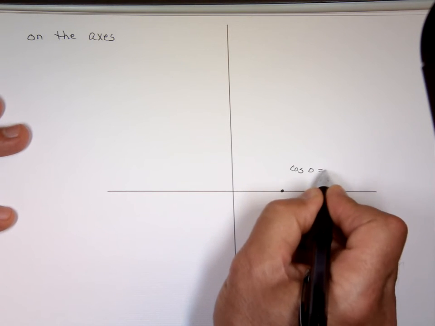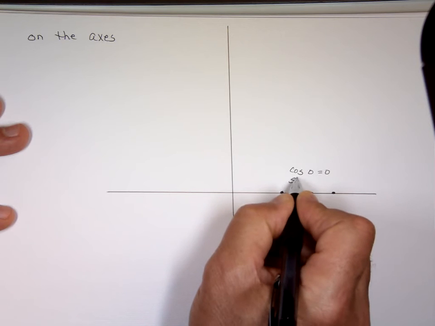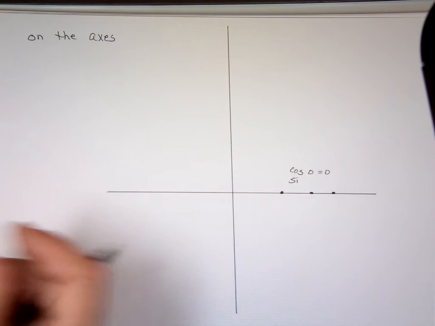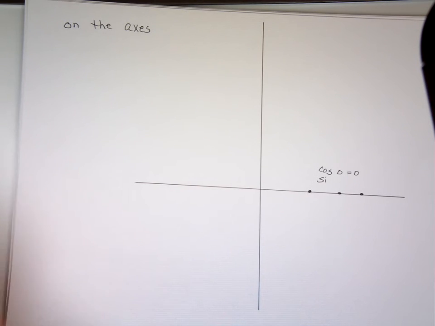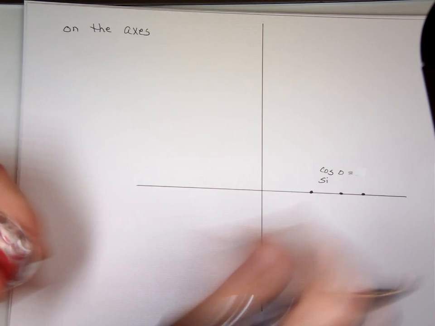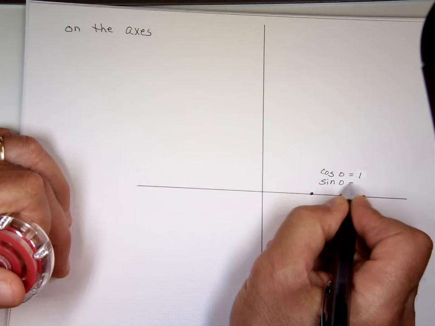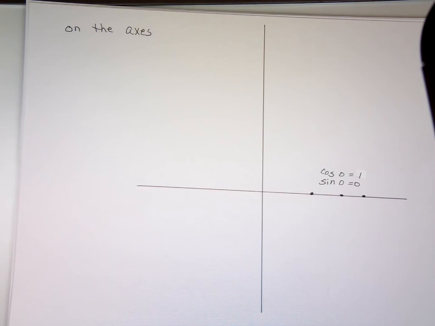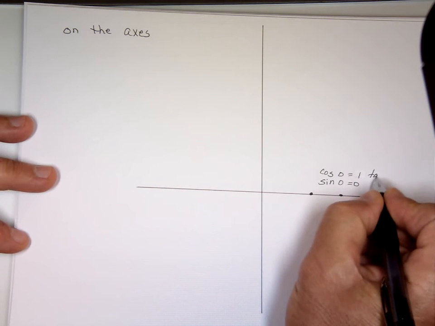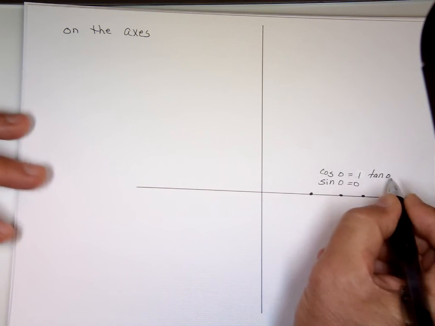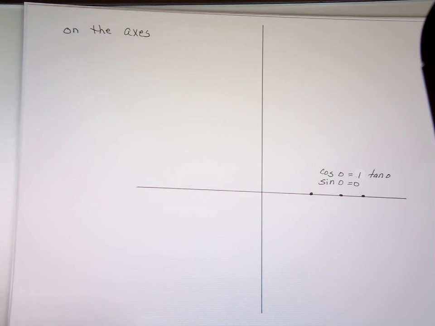Oh, not 0. The cosine of 0 equals 1. But the sine of 0, that's equal to 0. Which creates a little problem for us, because tangent is what? It's sine over the cosine. Sine is 0, cosine is 1.